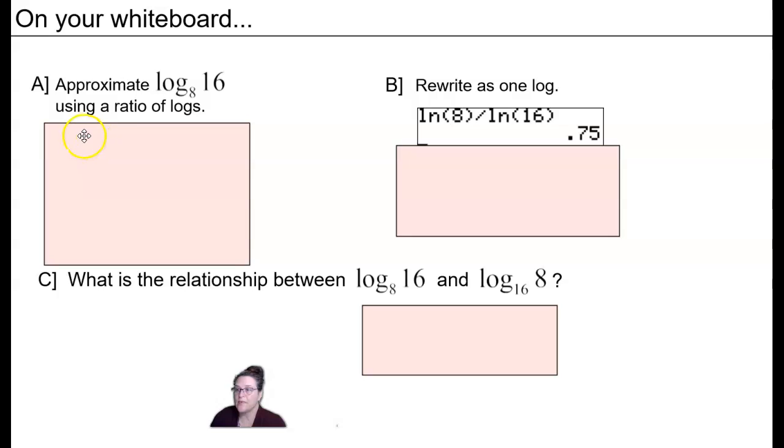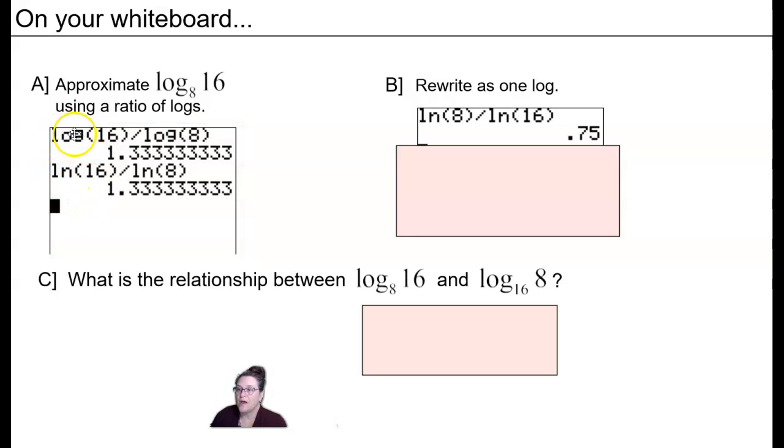Okay, so example A, the log of 16 divided by the log of 8 is approximately 1.3333 rounded to 4 decimal places. You could also have done that with natural logs instead. So the natural log of 16 divided by the natural log of 8 also gets you the same 1.3333 repeating.